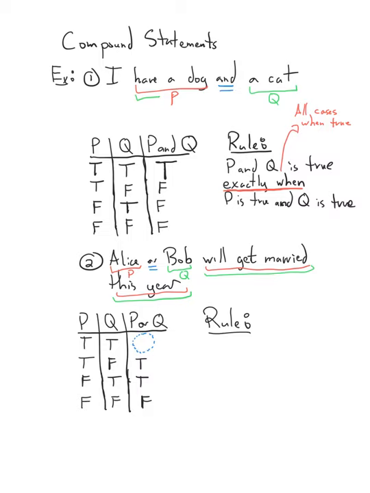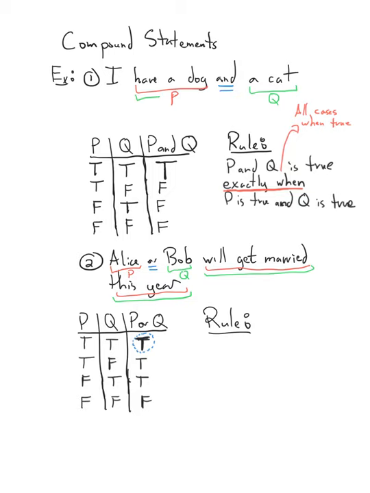And in mathematics, we find that it's more useful to treat the word or like an inclusive or. So if both happen, then we still say that you're not being lied to. So if both Alice and Bob get married this year, then we're going to say that the truth value of the compound or statement is still true.